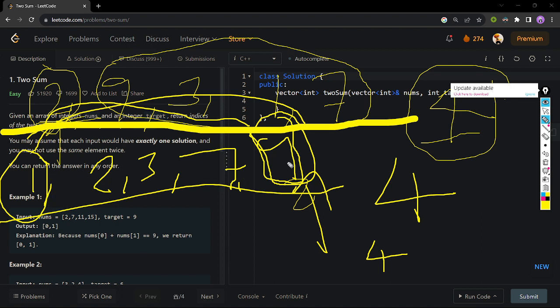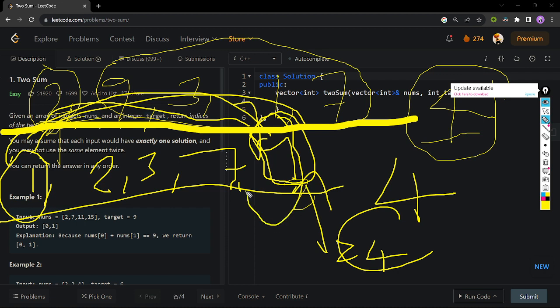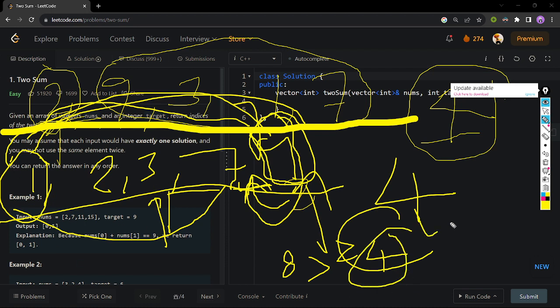Otherwise, if the sum of these two numbers is greater than target, then I have to decrease this sum. So I will come one step forward from the back side, so that the sum should be smaller than the previous sum. So again it will be 1 plus 7, which is still greater than 4, so still I will come back, and then 1 plus 3 will get 4, so that will be equal, then I'll return this number.